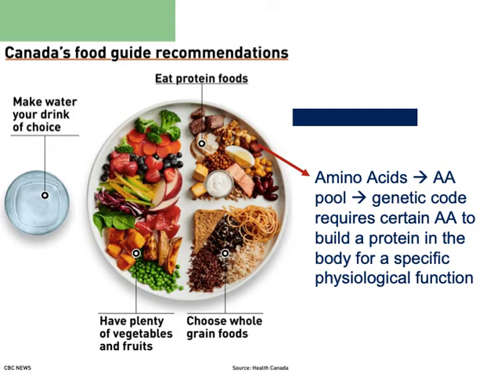Your specific genetic code requires certain amino acids to build a protein in the body for a specific physiological function. So we eat the protein, that gets broken down, those amino acids go into our amino acid pool. We then get the code from our DNA and RNA to produce which types of amino acids, and we string them together in a polypeptide chain for specific function in the body.